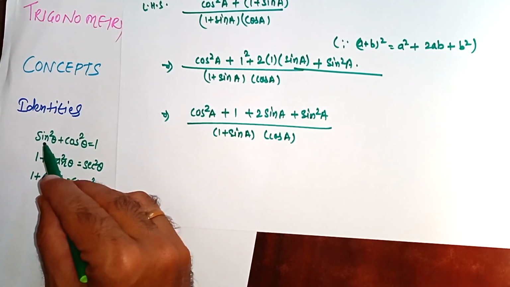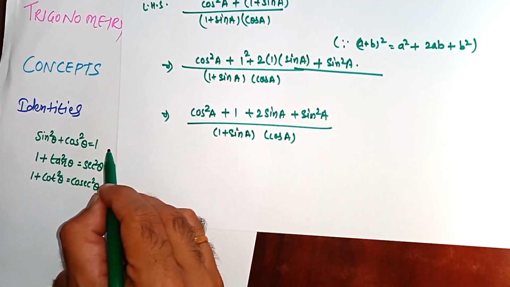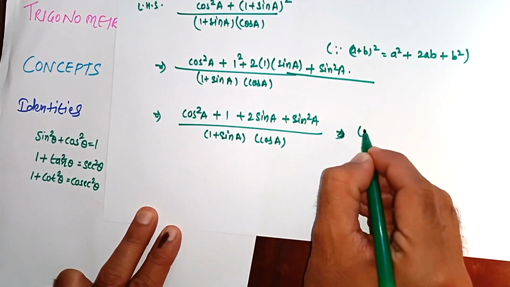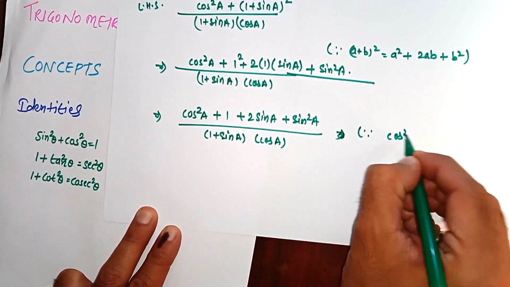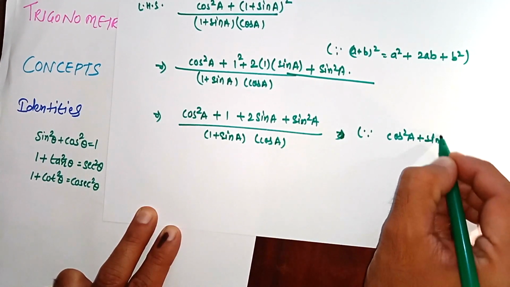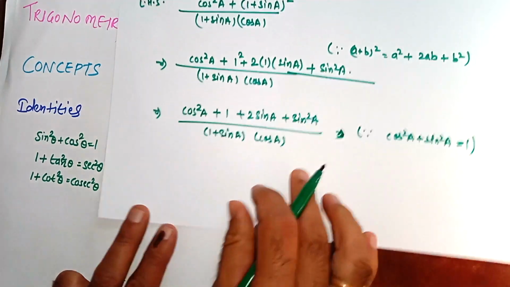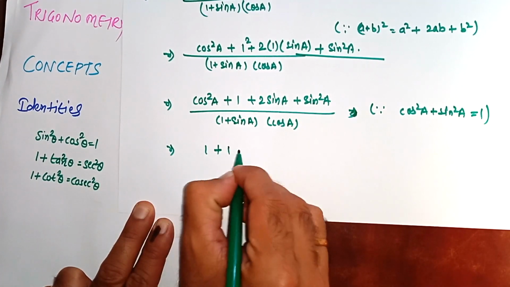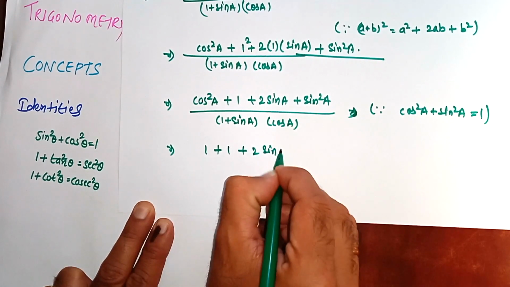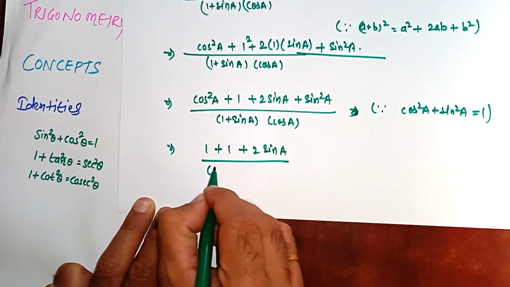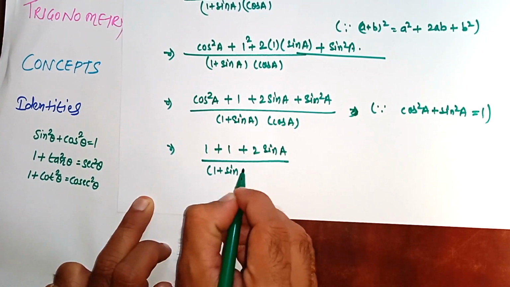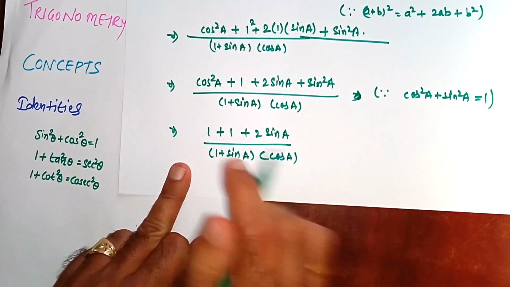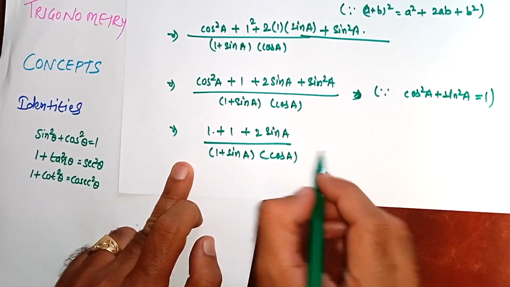What is our identity saying? Sine square A plus cos square A is equivalent to 1. So what should we do? Since cos square A plus sine square A is equivalent to 1, we should write a 1 here. 1 plus 1 plus 2 sine A over 1 plus sine A and cos A. So see here, 1 plus 1 will become 2.